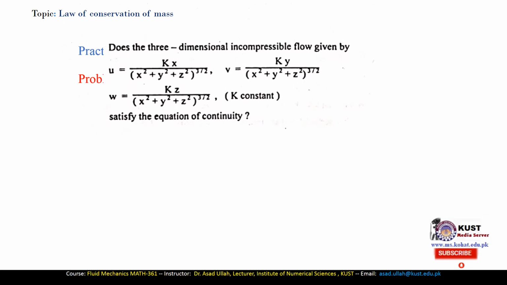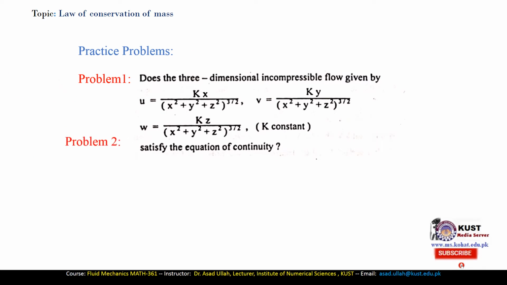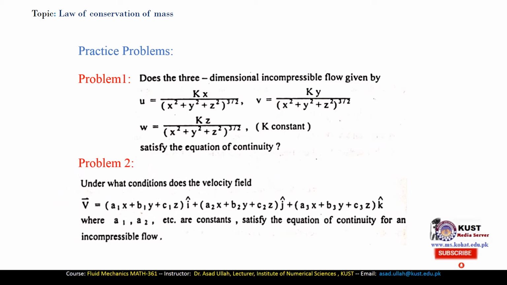Practice problems. Students are advised to solve problem number 1 and problem number 2 as their homework. If they feel any problem, they can contact me on my email address given at the footnote.